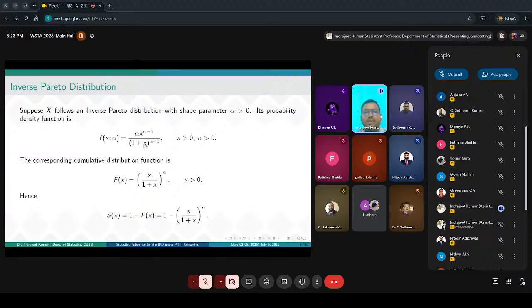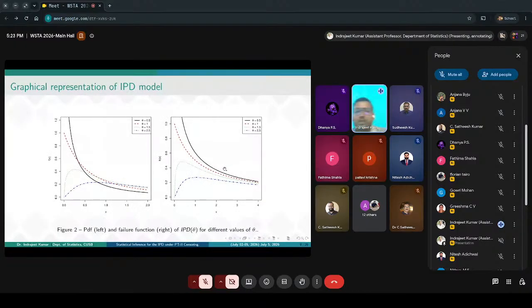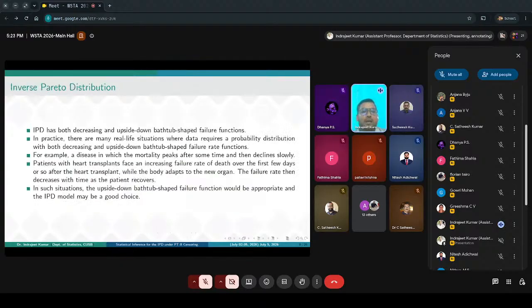It has one parameter, a shape parameter, and this is the PDF, CDF, and survival function. This is the PDF and hazard rate plot, and from the hazard rate plot we can say that the inverse Pareto distribution has increasing, decreasing, and inverted bathtub shape patterns, which is very useful in survival analysis.